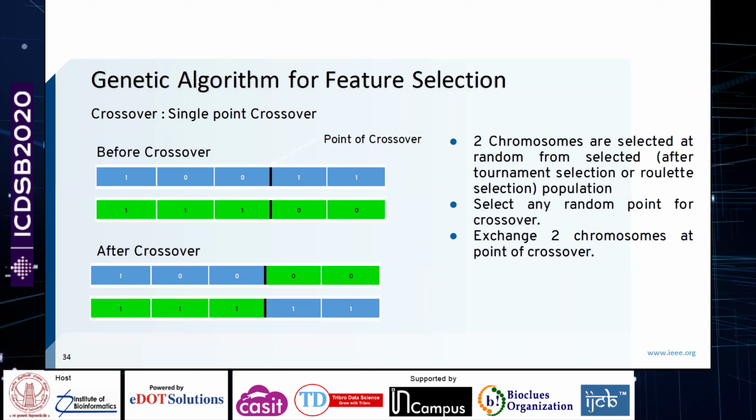Once the solutions are selected, we use a crossover principle, which is again inspired by natural evolution. We take any two solutions and cross them over by randomly selecting one junction. The new child is the first part of the first solution and the second part of the second solution. The new second solution is the first part of the second solution and the second part of the first solution.